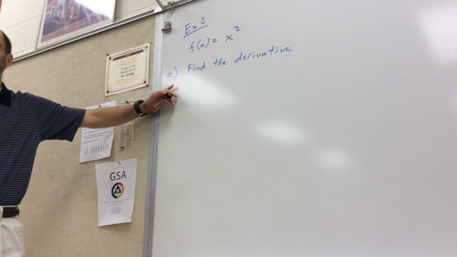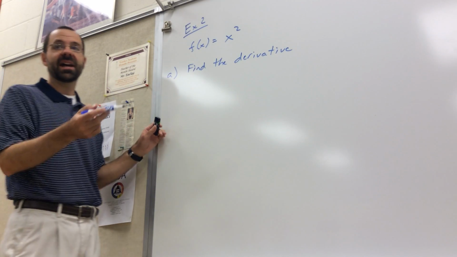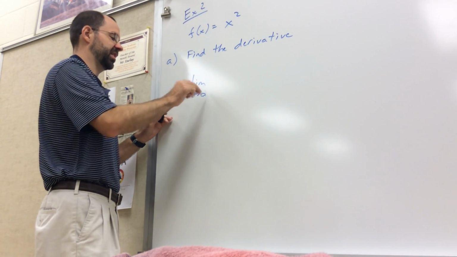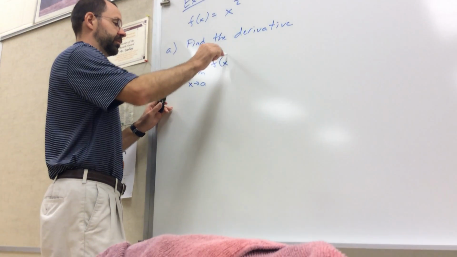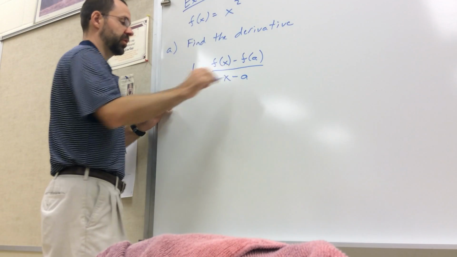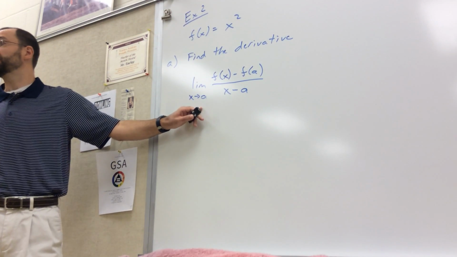Okay, so I've already done h goes to 0 today, so I'm going to use the x goes to a method for this problem, just to emphasize it doesn't matter. So this is the formula that will give you the slope of the curve.